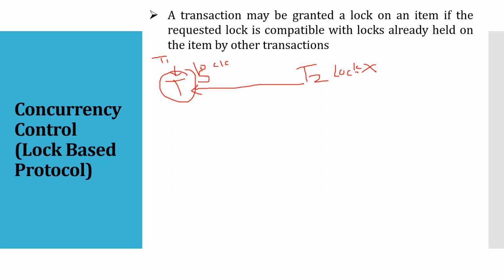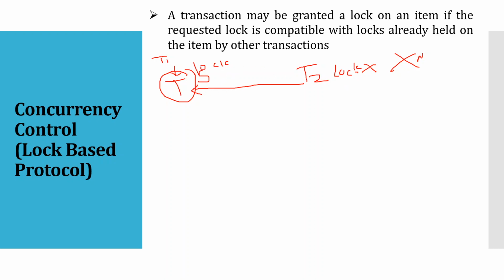Here it is lock S and here it wants lock X. So is it compatible? No, it is not compatible, because if there is one shared lock and the other is asking for an exclusive lock, the compatibility won't allow it. So this will not be allowed, right?